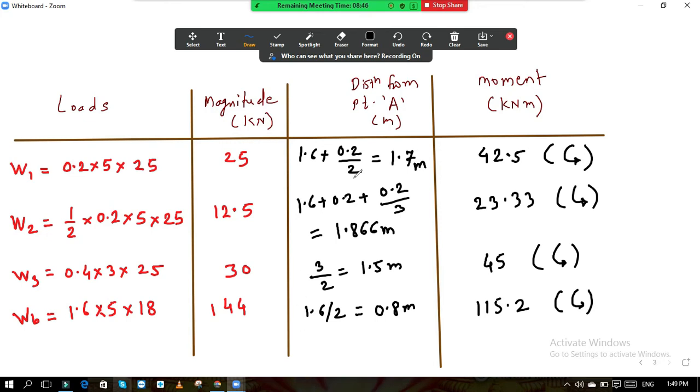And lastly, the remaining thing is this PA, active earth pressure, for which you know the formula: half into K into gamma into H. This K gamma H is the base, so here half into, I will put the values: K 0.33 into gamma 18 into H 5.4 square.